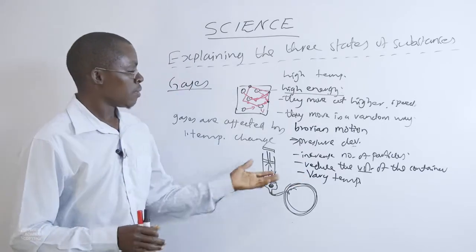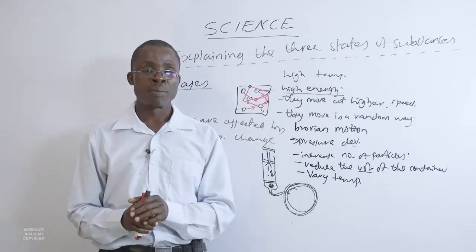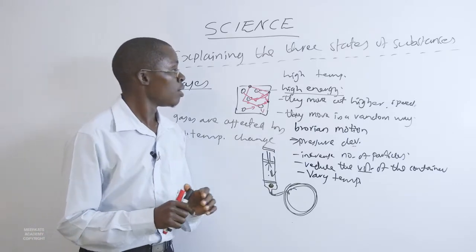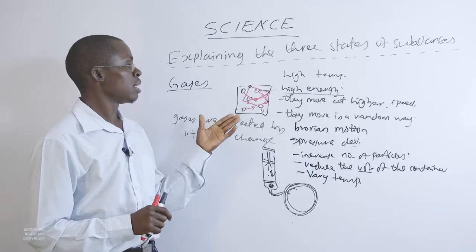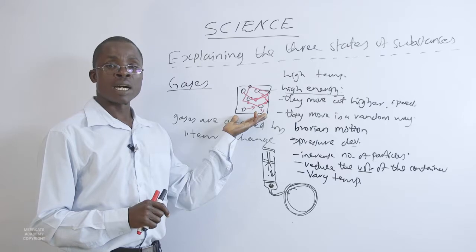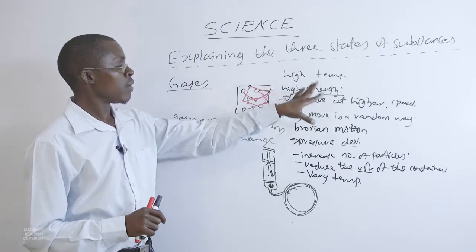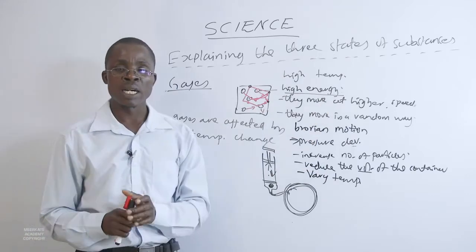Now looking at the variation in the volume, as you can see, it has been applied. But now we have been looking at how a gas can be manipulated by varying some of these aspects.